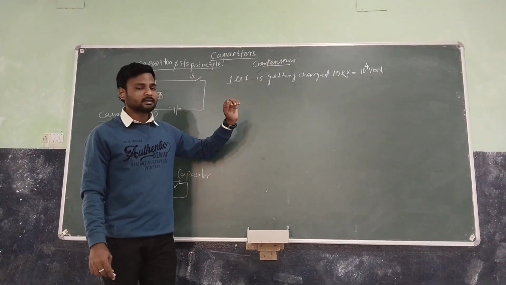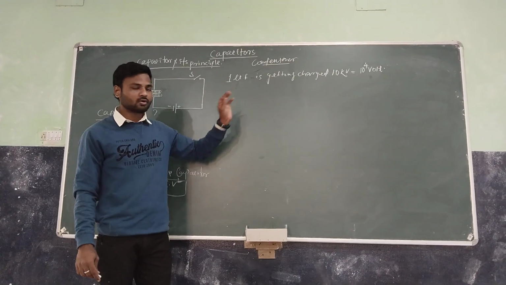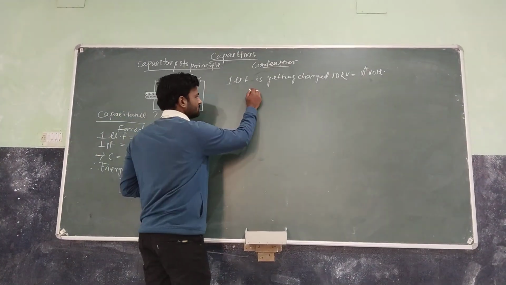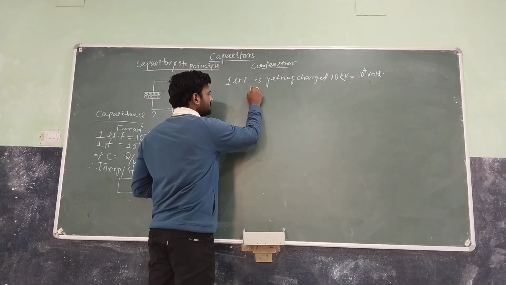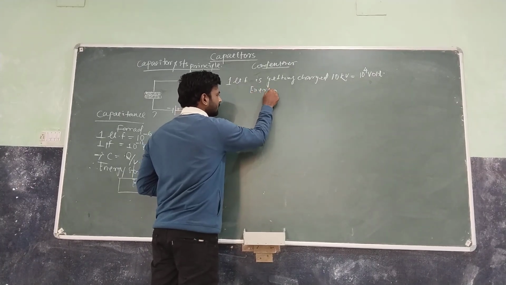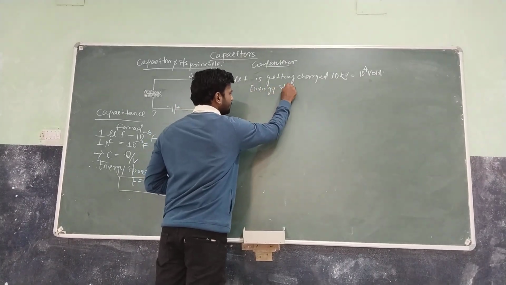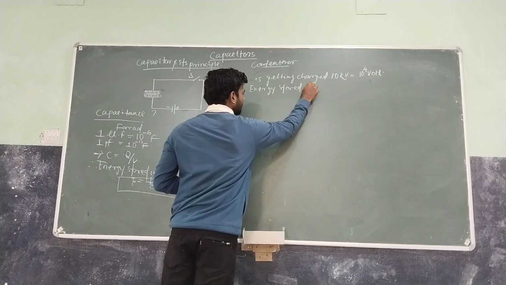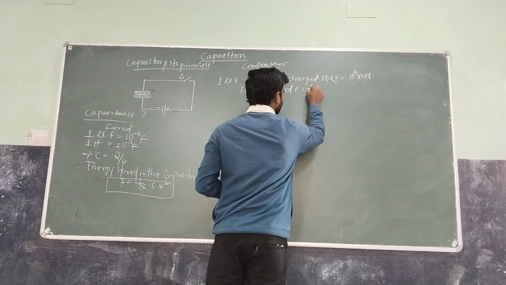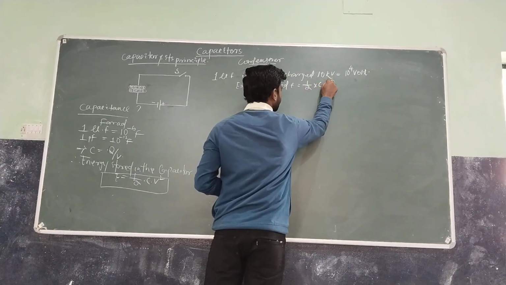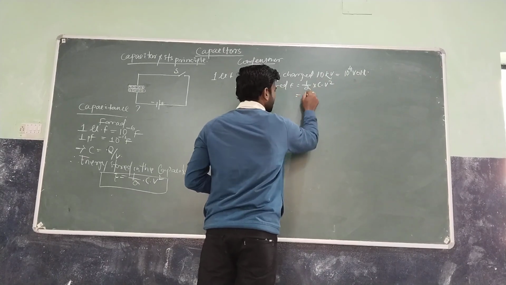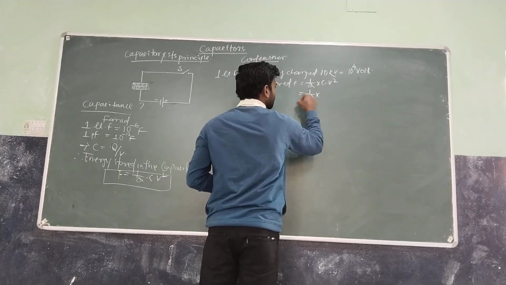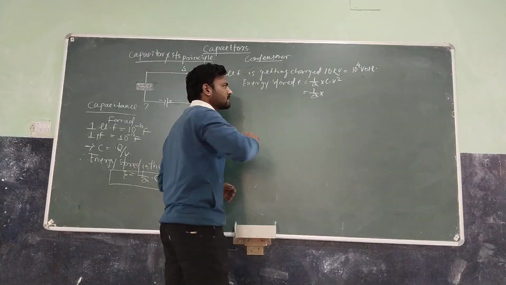So we can get the stored energy in the capacitor. The formula of the energy stored is E equals 1 by 2 into C into V square. So 1 by 2 into, what is the capacitance?